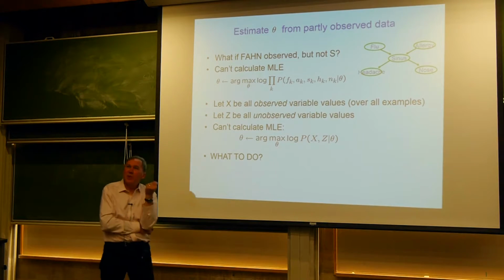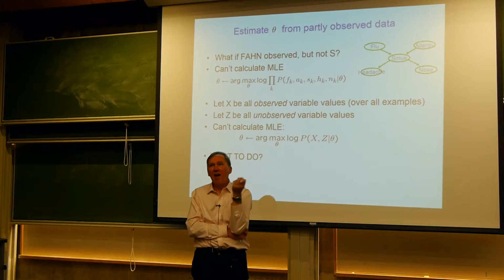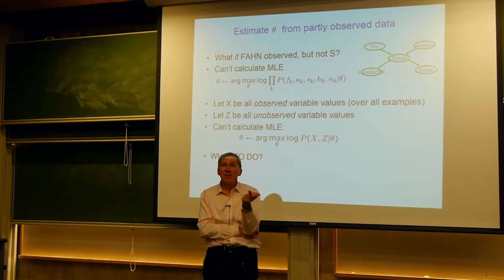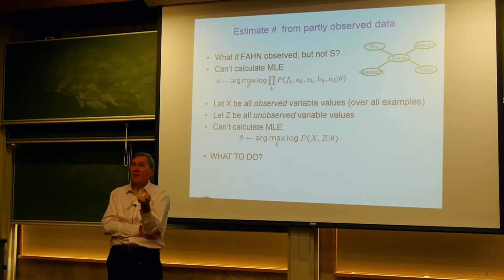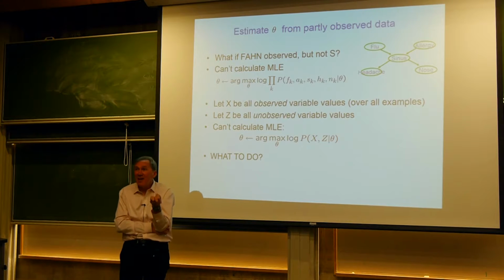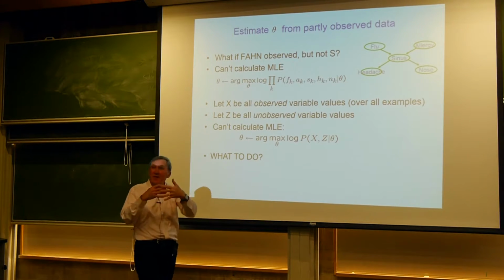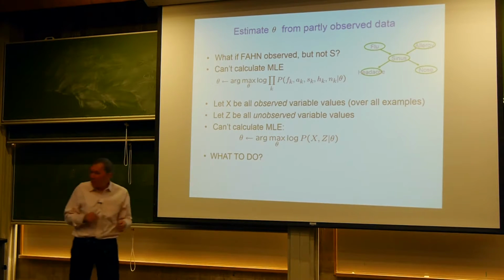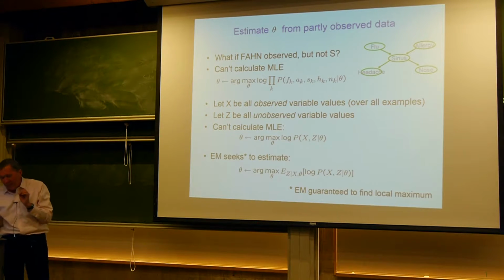The answer is we use a technique called expectation maximization, often called EM. You'll hear a lot about it in the rest of the course, and you'll see a lot of it if you read the literature in machine learning. It's a very important technique for handling the case where we don't have fully observed data. What we do intuitively is very simple.